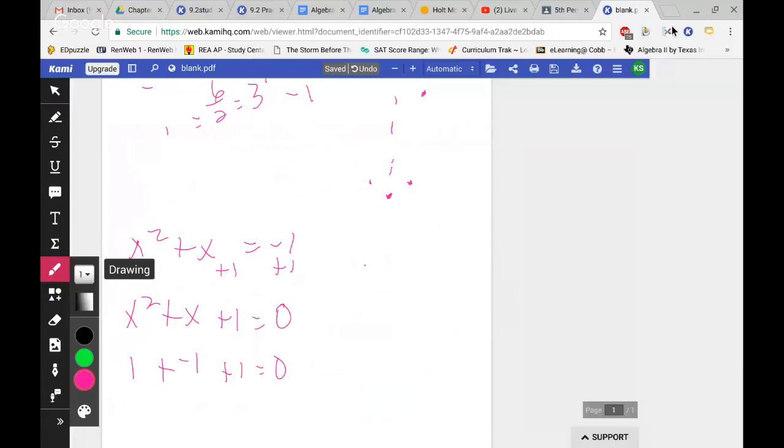What's our vertex? 1 over 2. Our vertex is 1/2. The vertex is weird.